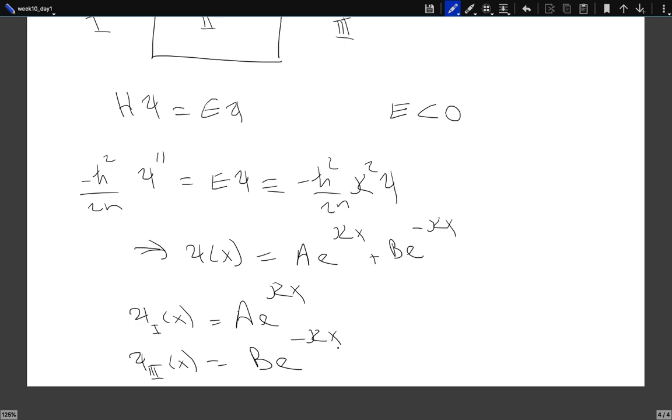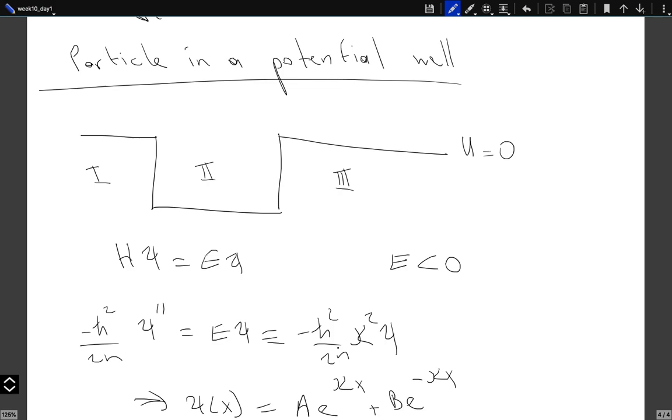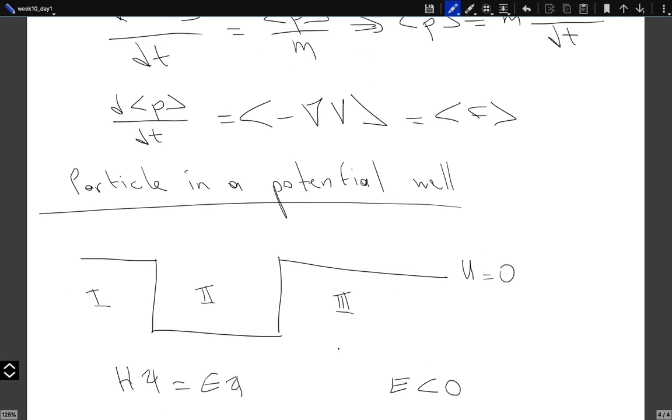Well, two things to note. They are not oscillating. You see, we looked at the particle in a box. It was oscillating. And here, this is similar to a particle in a box, but it is not oscillating. But you see, energy less than 0 basically amounts to saying that the energy is somewhere over here.